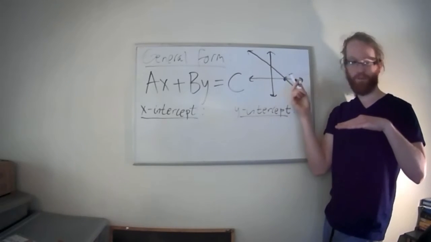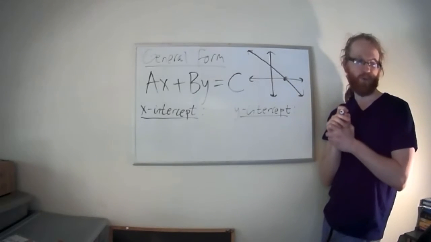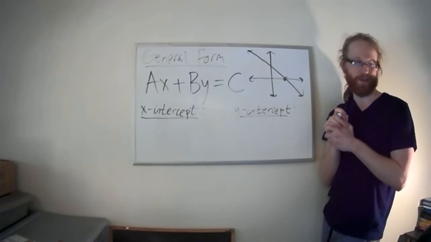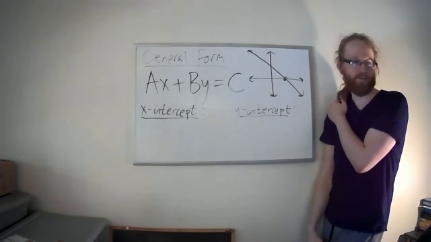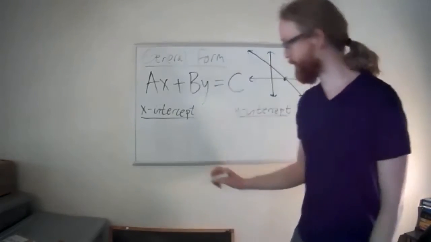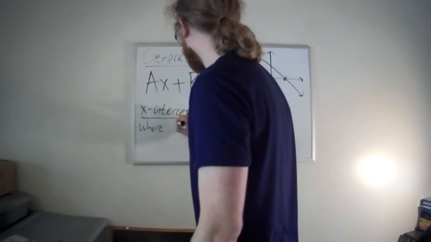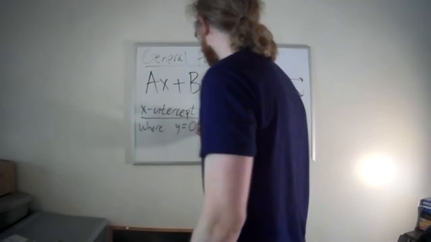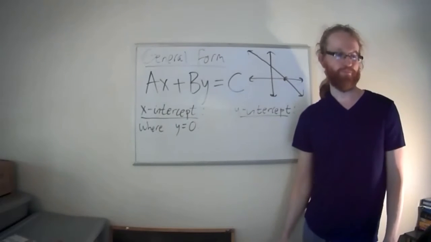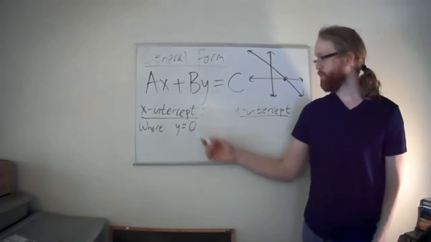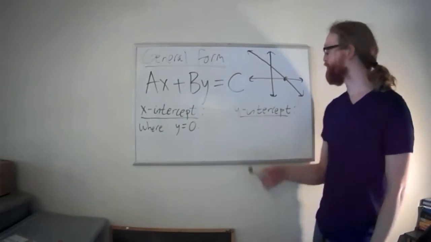So the y-coordinate has to be 0 at the x-intercept, because I'm on the x-axis. To find it, I might go into my equation and replace y with 0. We can do an example here in a second.